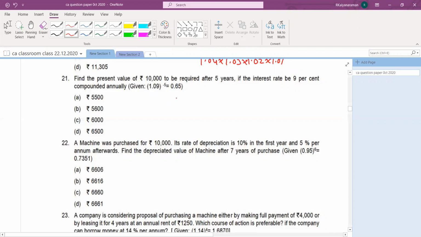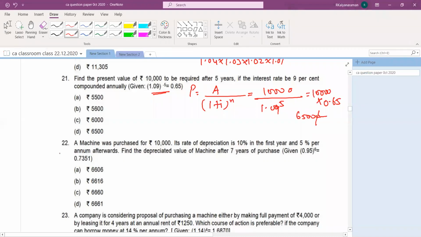You know that the present value formula is A_n by 1 plus i the whole power n. So this is 10,000 by 1.09 power 5, which is equal to 10,000 into 0.65. I hope all of you understand, because this power 5 in the denominator will go as power minus 5 in the numerator. So this is 6,500. I think the answer choice is D.